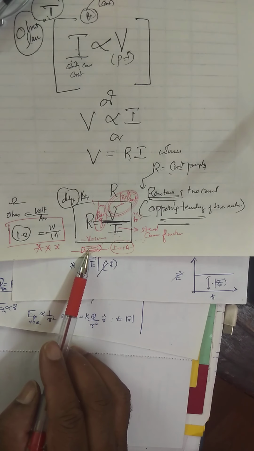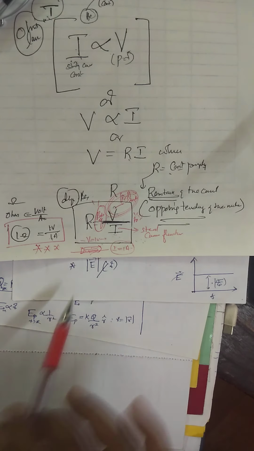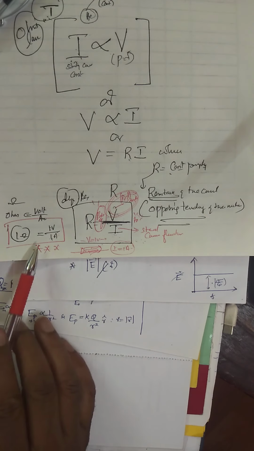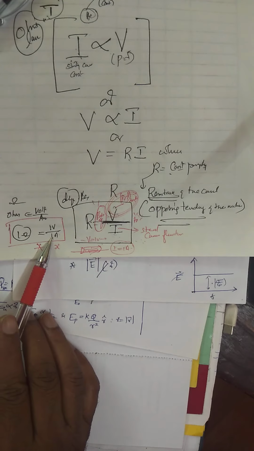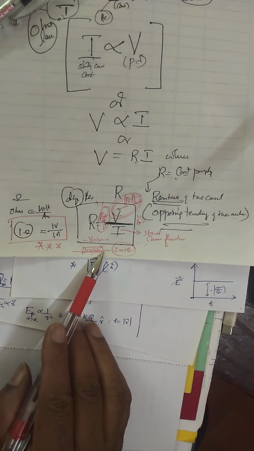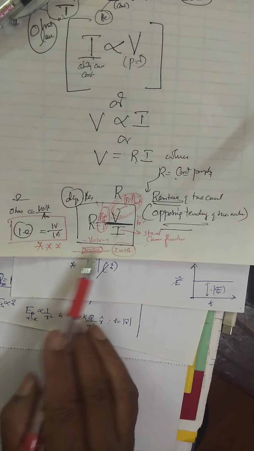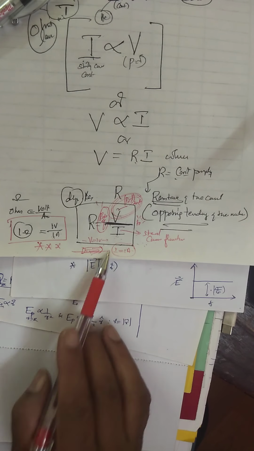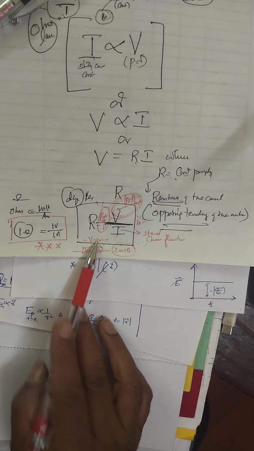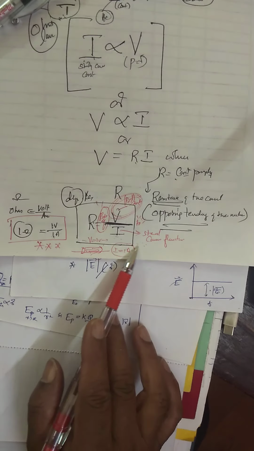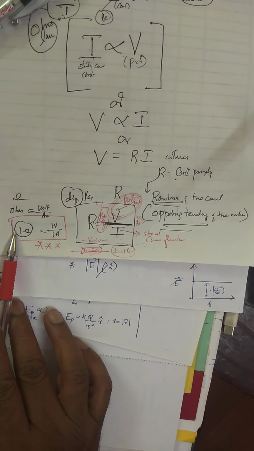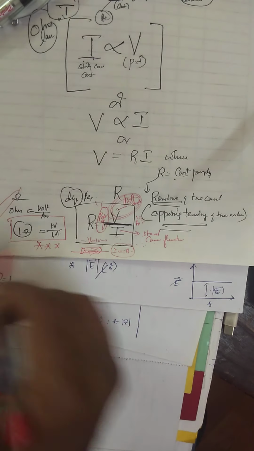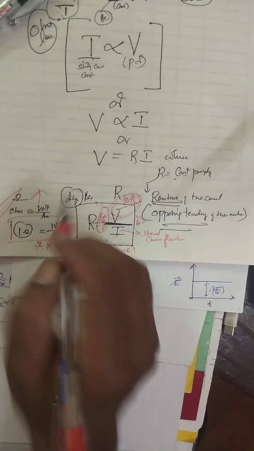Then that conductor has a resistance of 1 ohm. Or you can say in higher English, when 1 ampere of current flows through a conductor whose ends are maintained at a potential difference of 1 volt, then the resistance offered by that conductor is said to be 1 ohm. You have to write it 2-3 times and practise. Otherwise, it's very difficult.